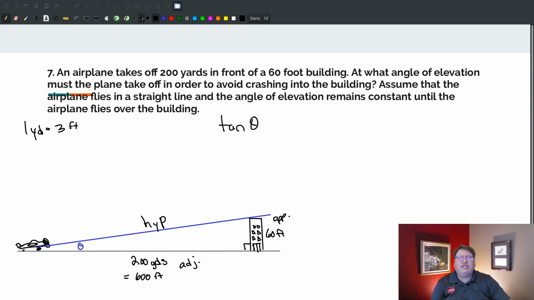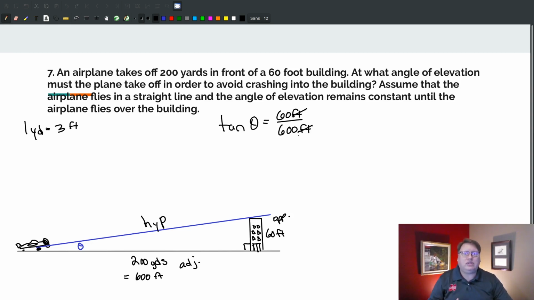Tangent of theta, I don't know what theta is yet, is equal to 60 foot. That is the height of the building, and my adjacent side is how far the plane is from the building taking off. That's 600 feet. Now notice the feet units cancel. You have to have a unitless number for your trig ratio, which means your units are consistent.